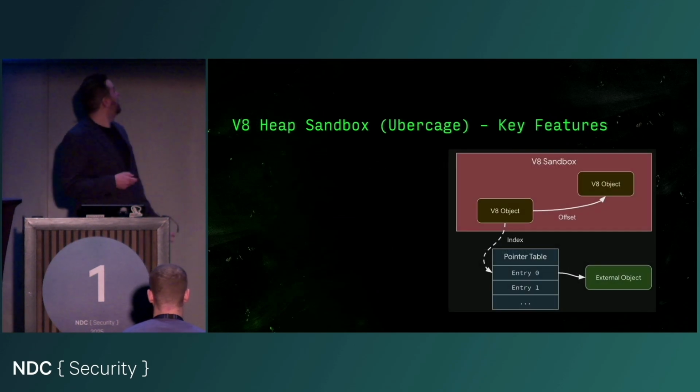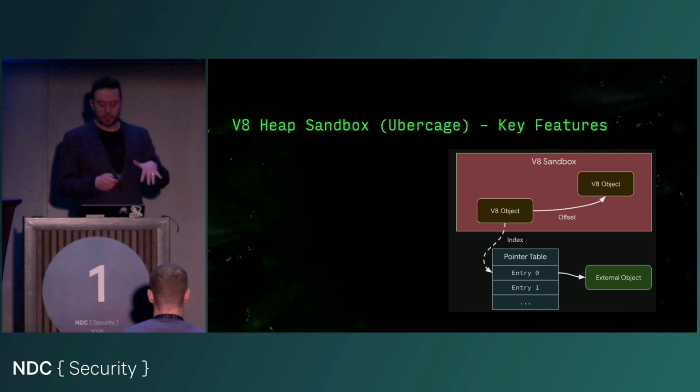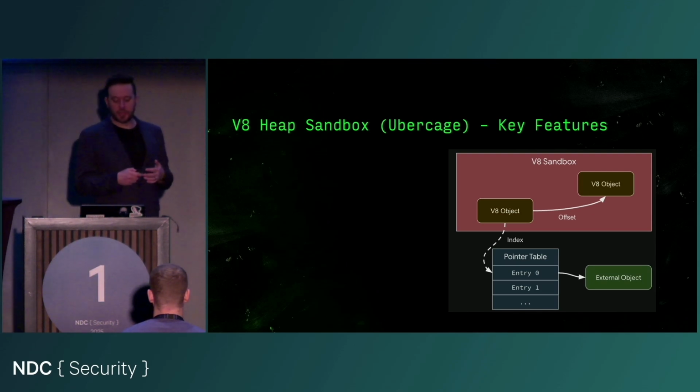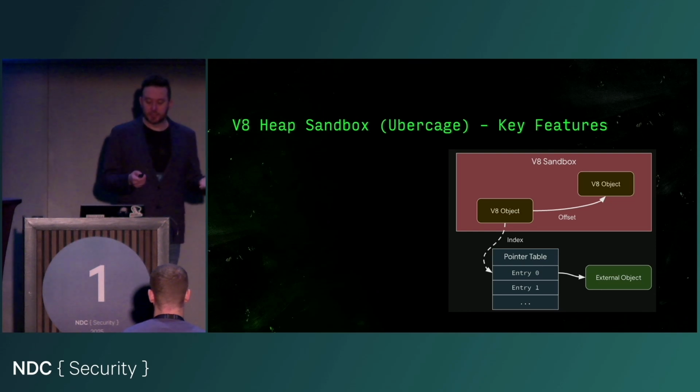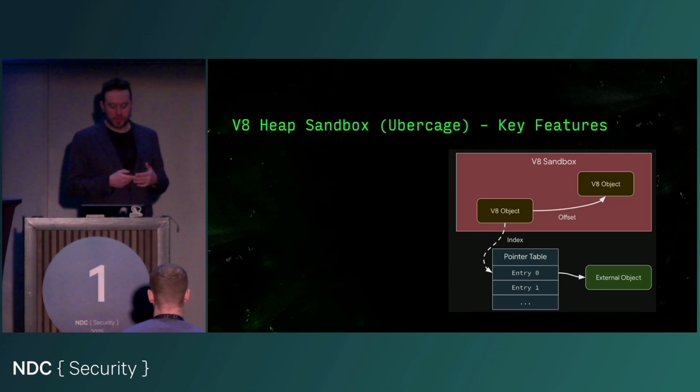And so how does the heap sandbox work? So basically, the V8 heap is contained in a sandbox now, also referred to as a cage or Uber cage. So it's a predefined memory region. And this design ensures that any out-of-bounds access is confined within the sandbox. So what they try to achieve is to remove any kind of pointer.